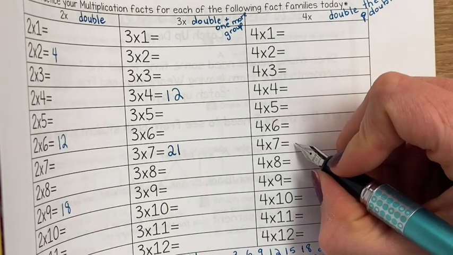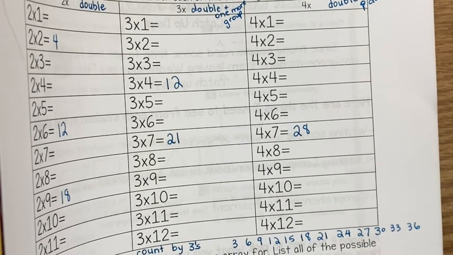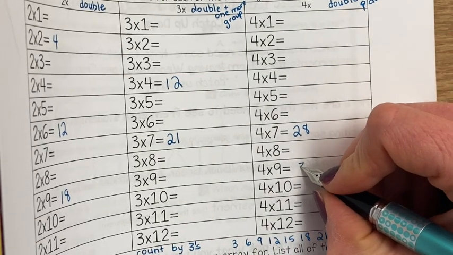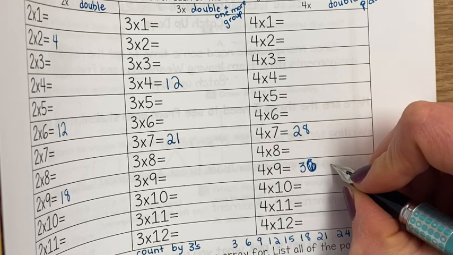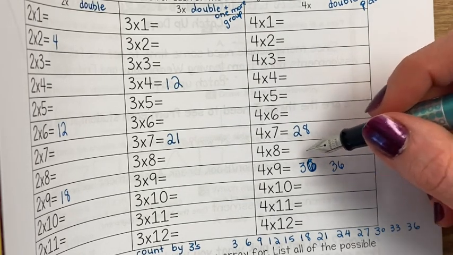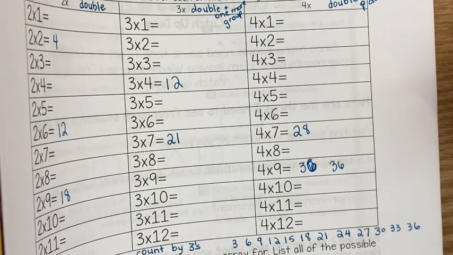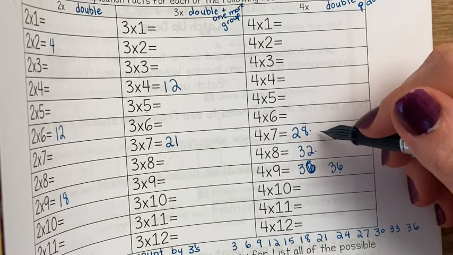Double 14 is 28. Double 9 is 18. Double 18 is 36, not 32. Double 8 is 16. Double 16 is 32. So 28, 32, 36, and they're all increasing by 4.